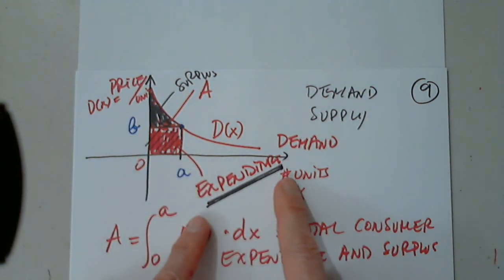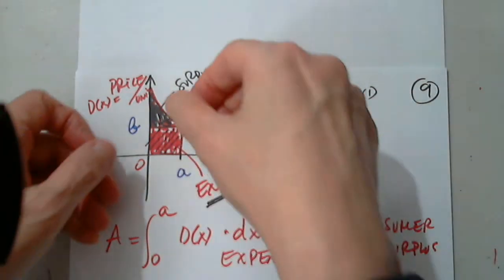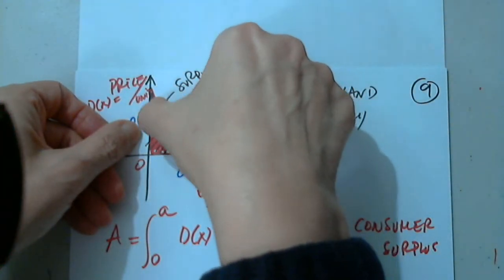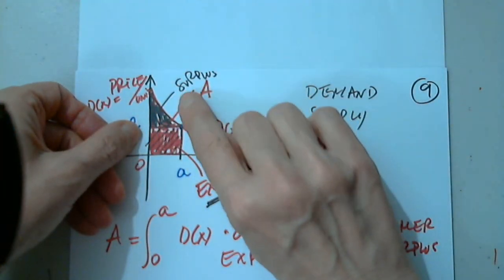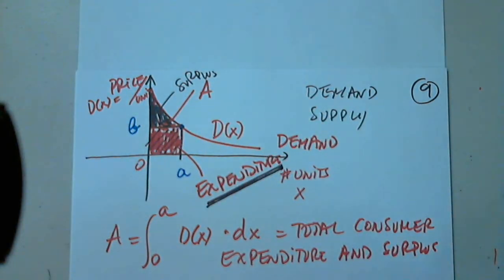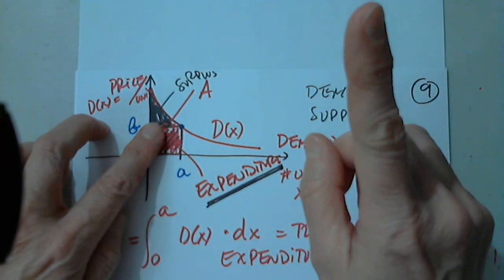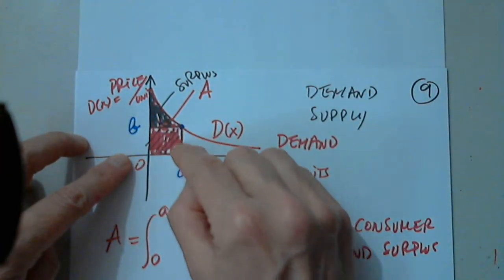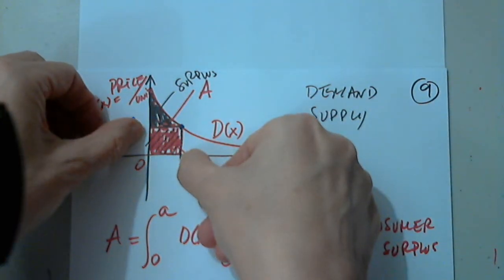That's what I pay. Now, what is this area here? What is the surplus called consumer surplus? This is something added in terms of money. I am really paying this. Let's say 3 times 3 to make it easy.